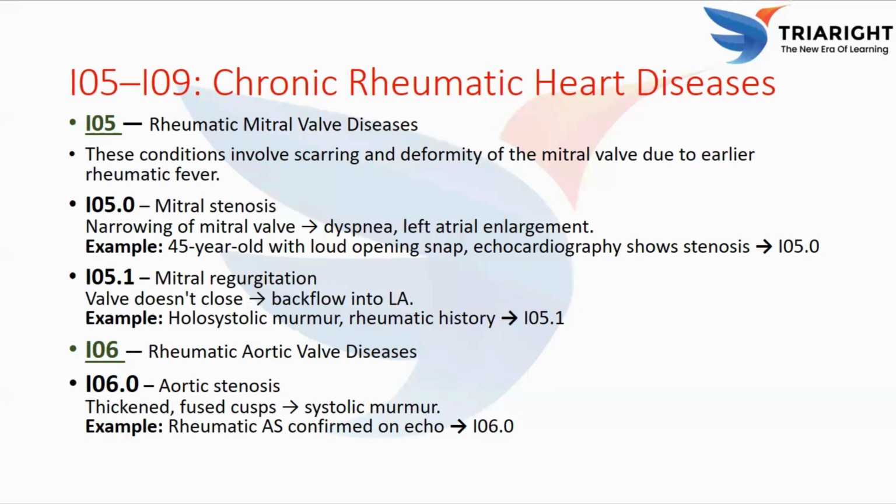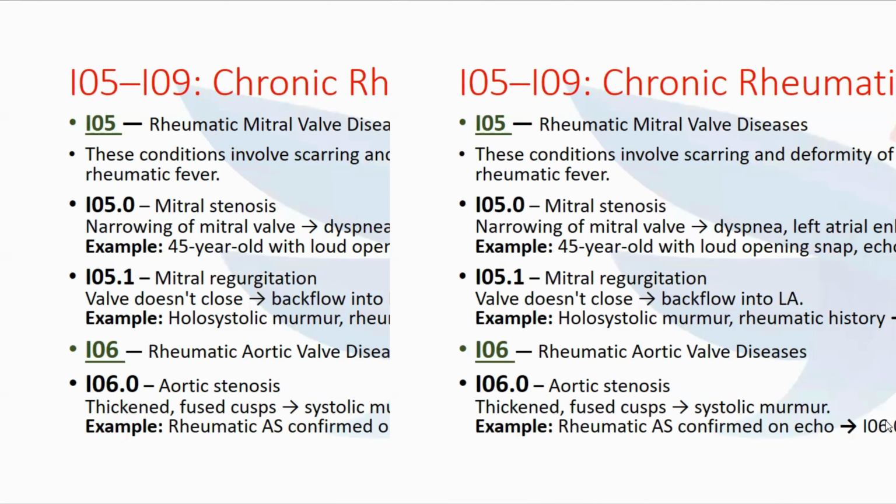So this process produces a systolic murmur, and I05 produces a holosystolic murmur, whereas I06 produces a systolic murmur, often with the radiation to the neck. For example, when the echocardiogram confirms rheumatic aortic stenosis, you have to assign the code I06.0.